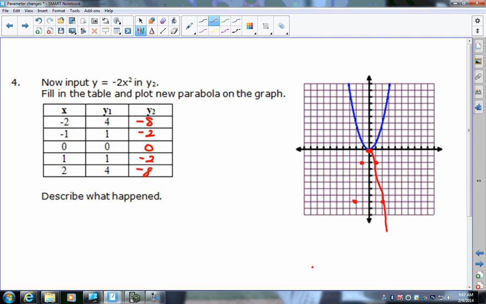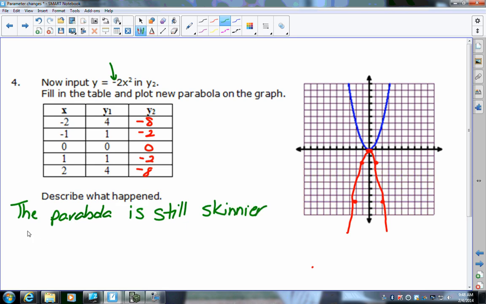We already said that 2x squared is narrower than the parent function. The only thing that's different in this one is your negative sign. So describe what happened. The parabola is still skinnier than the parent function.